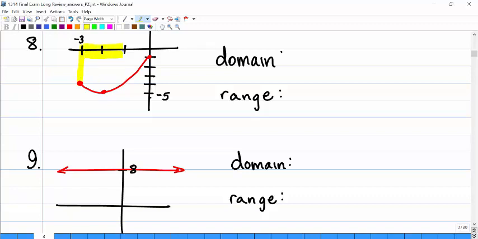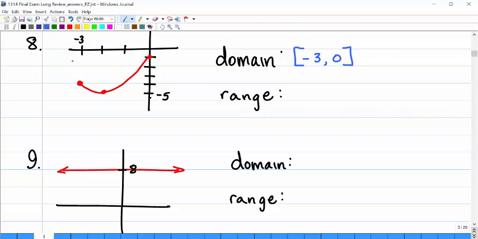All of these x values up until x equals 0 are on the graph. And so my answer would be from negative 3 to 0. Notice that I include those values because these are closed circles, and so it's going to have a bracket.